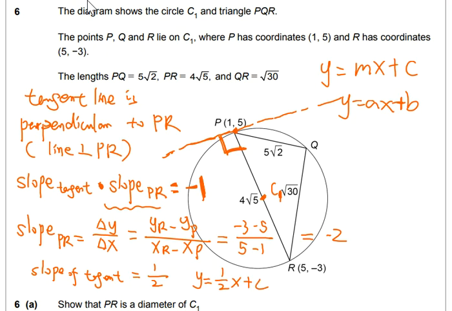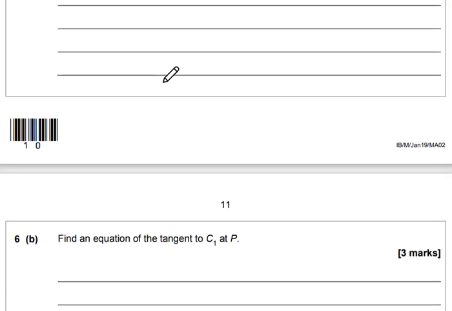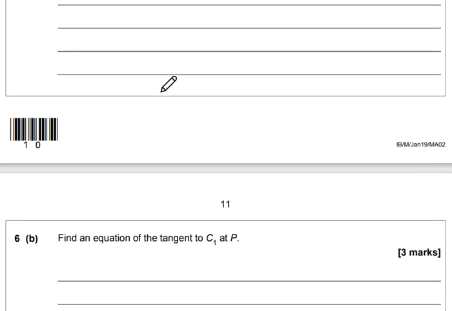It passes through P, (1, 5), so I can write 5 is 1/2 times 1 plus c. So c is actually 9/2. So we have y is equal to 1/2x plus 9/2. I guess problem solved. We found the equation of the tangent line to C1 at P.